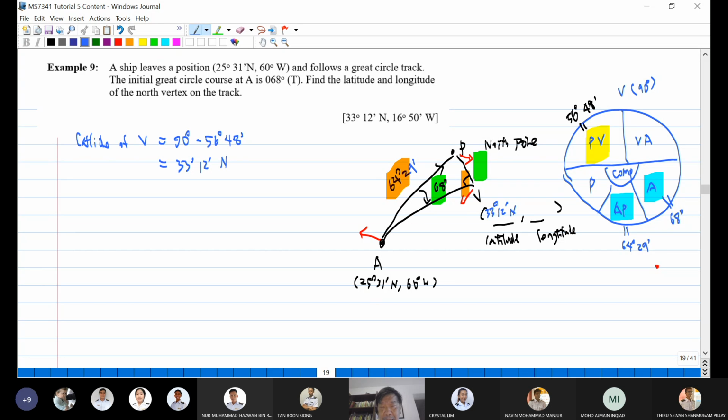Next, I want to find angle P now. So I'm going to find P now. Angle P here. Let's change the color now. The yellow color here, and then the blue color now.